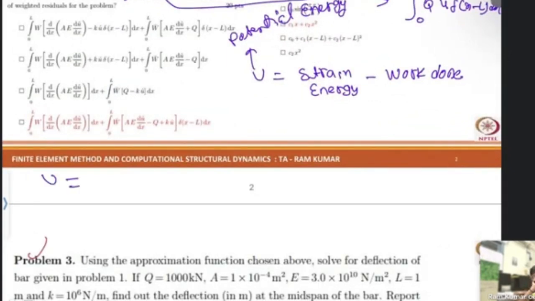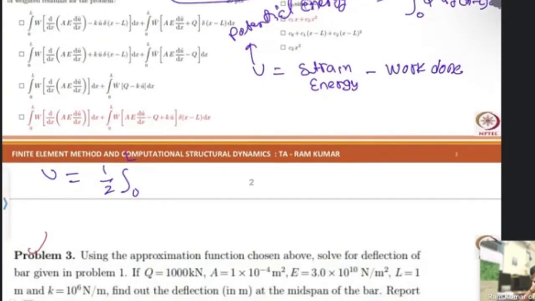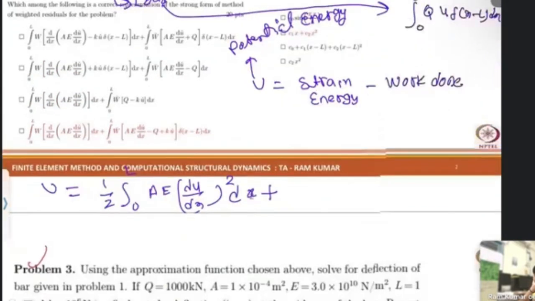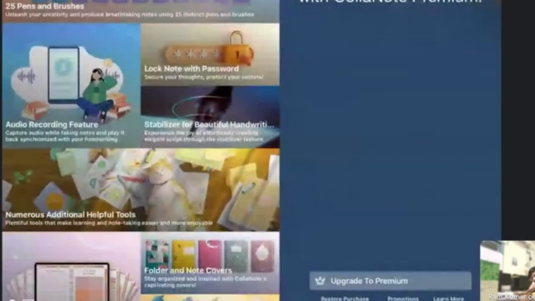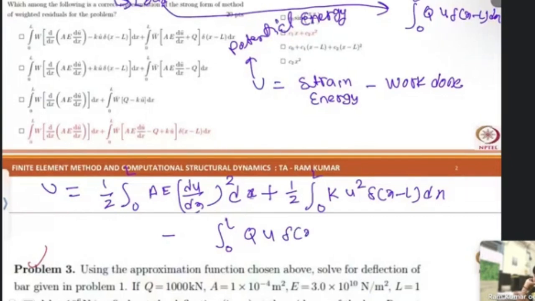U will be 1 by 2, 0 to L, AE du by dx square dx, plus half, 0 to L, k u square delta x minus L dx, then minus 0 to L q u delta x minus L dx. So now this one you have to solve.